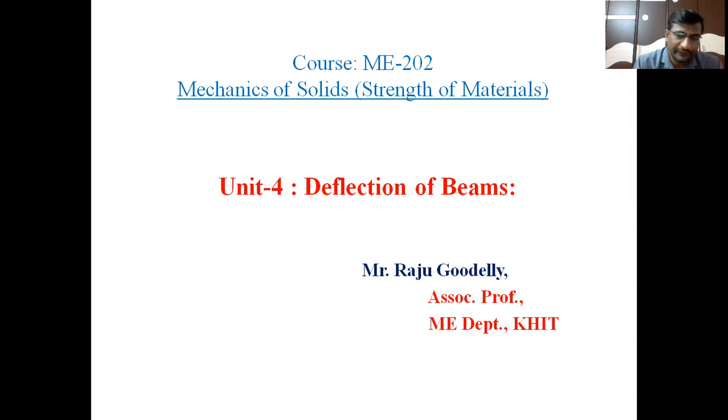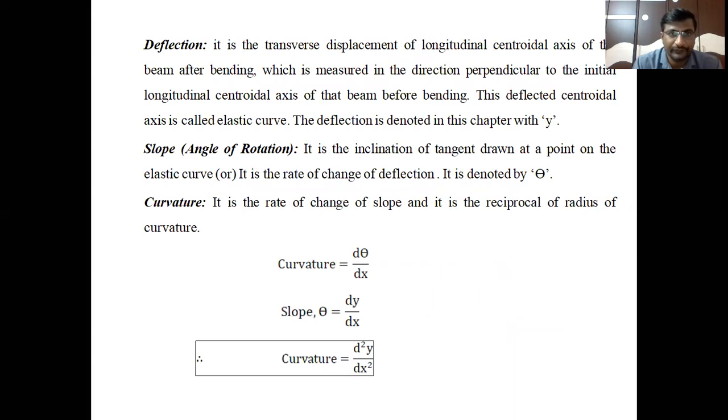Deflection means, what is deflection? Deflection means it is a transverse displacement or vertical displacement of the longitudinal centroidal axis of the beam after bending, which is measured in the direction perpendicular to the initial longitudinal axis of that beam before bending.